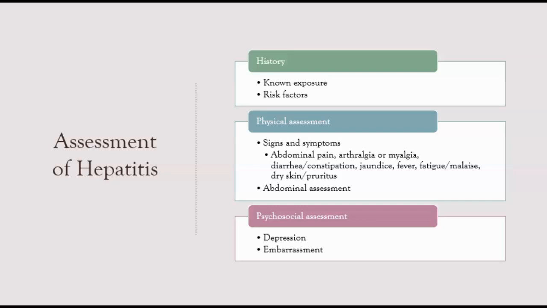You will see abdominal pain, yellowish sclera, arthralgia or myalgia, diarrhea or constipation, light clay-colored stools, dark yellowish to brownish urine, jaundice, fever, fatigue or malaise, anorexia, nausea, vomiting, dry skin, or pruritus.